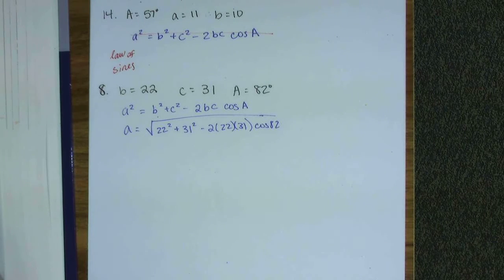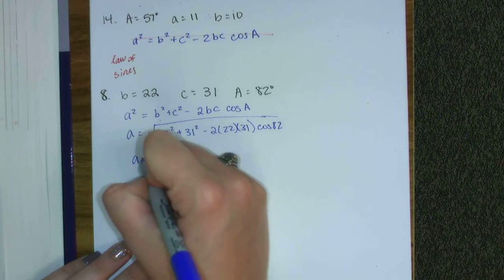So 22 squared. And I would do this stuff in parentheses so that it doesn't get mixed up in its order of operations, because our calculators are not quite as smart as we think they are. So make sure you pay attention to that. And I get 35.4, so we're just going to call it 35.